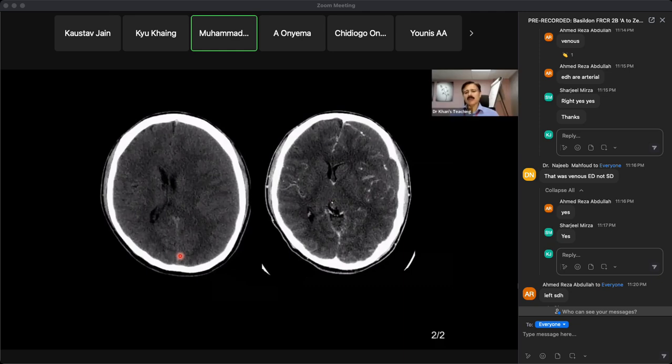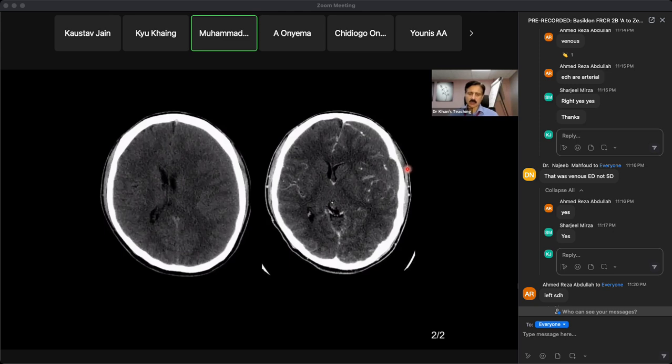Now, this is with contrast. I'm not at all asking you to give contrast to make this diagnosis, but just as a teaching point: a subtle subdural hematoma which is isodense to the parenchyma. Isodense has come in the exam many a time. Hypodense is easier, but isodense is more difficult.